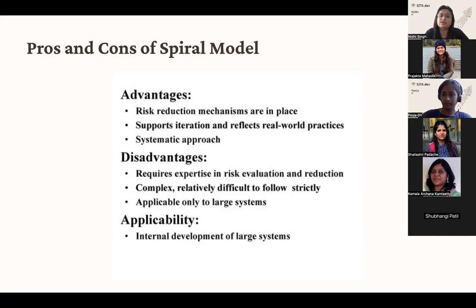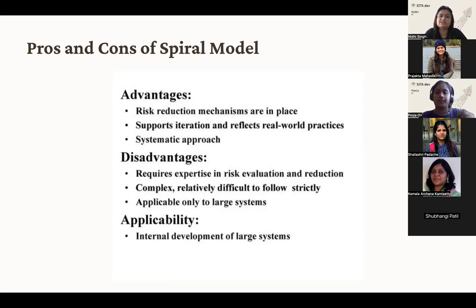Disadvantages are that it requires expertise. Only a person who has specific expertise in risk evaluation and risk reduction can work on this project. It is very complex and also very slow. It is difficult to follow all the phases strictly. This is the main disadvantage of this model, because it is time taking and it is applicable for large systems only.